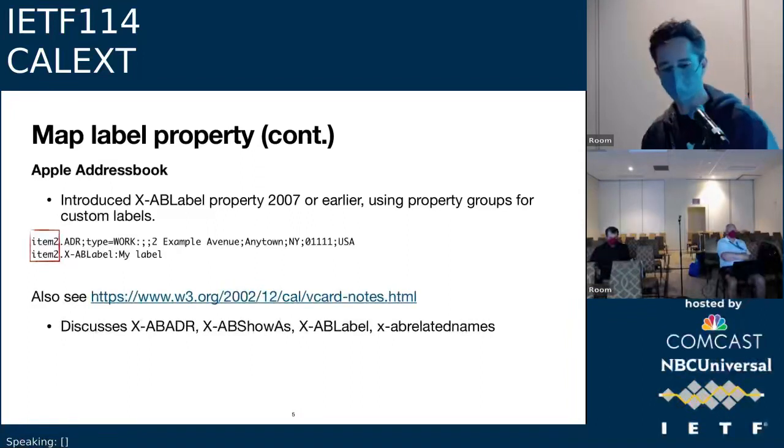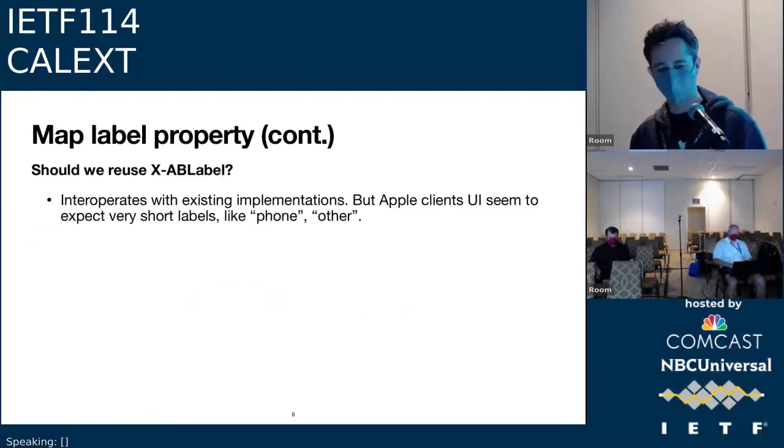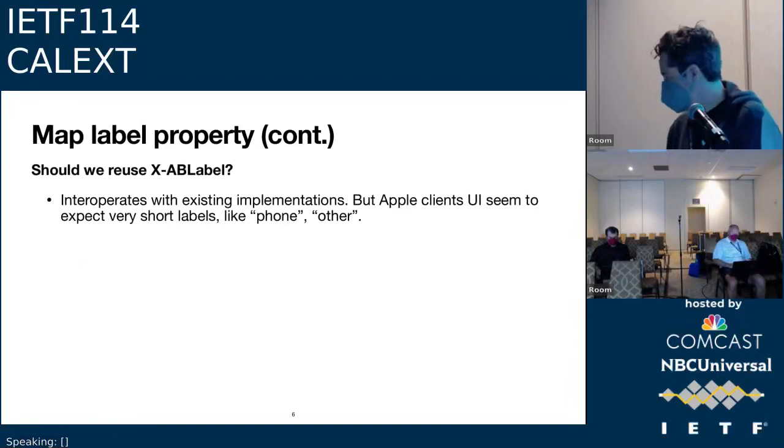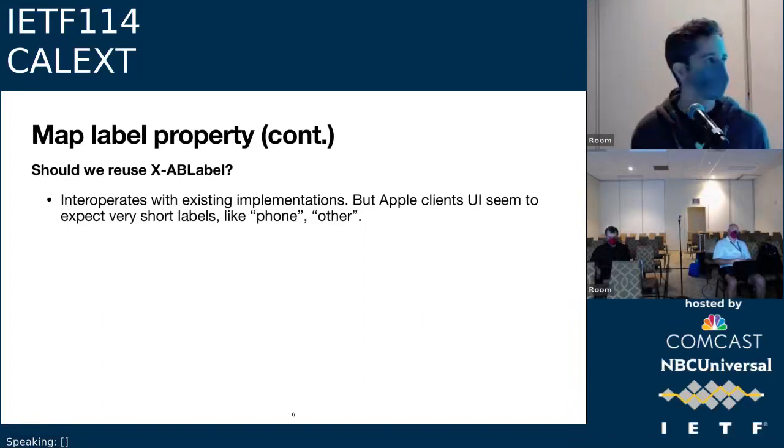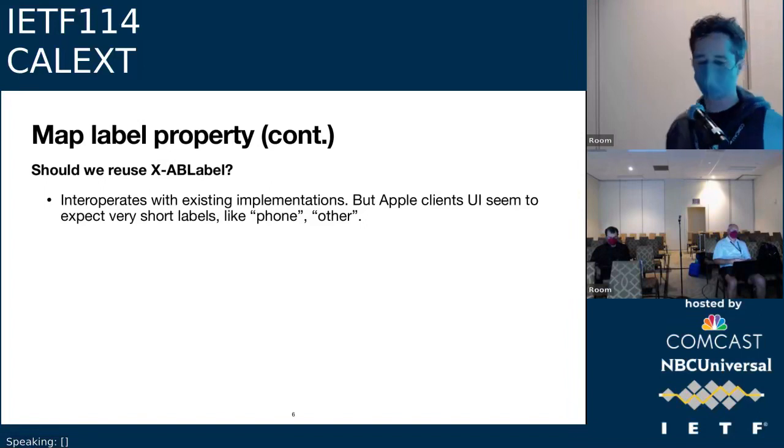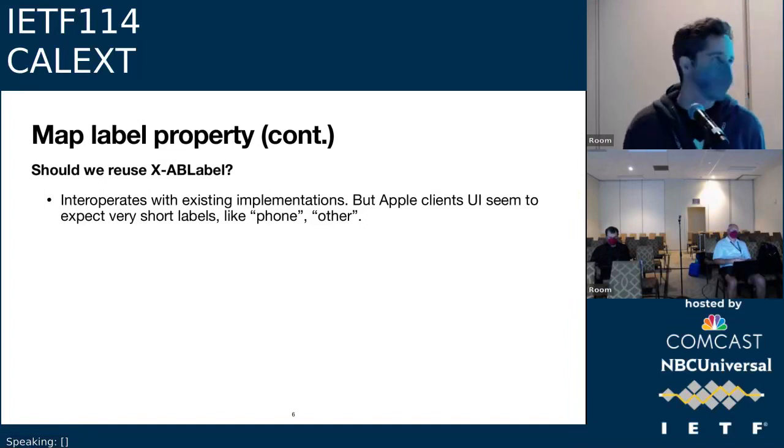The question, I think on the next slide, I even posed the question if we should just use XAB label, because I would assume that since it's been defined for 20 years, the majority of clients who do care implement it. So maybe we should just use that one. But that will only be, in my opinion, useful if we have a full understanding of what this property is supposed to do.